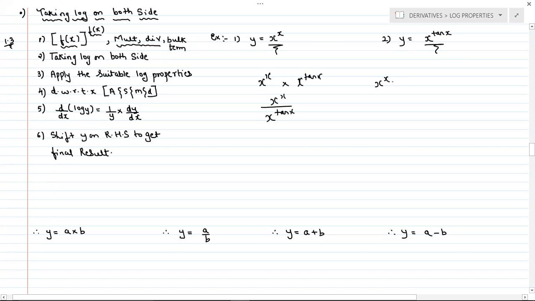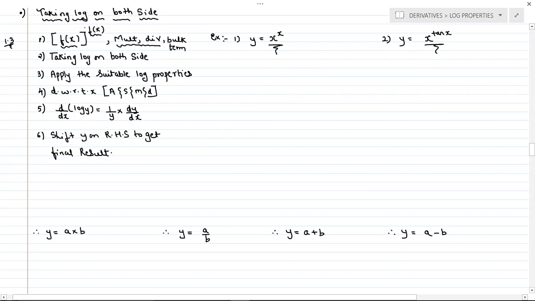If suppose in between the 2 functions there is plus or minus, we cannot use the concept of taking log on both the side. So whenever you see plus or minus in between the terms, there the concept is a little different. Remember this, okay? So it is only applicable whenever the connection between the terms is multiplication and division.